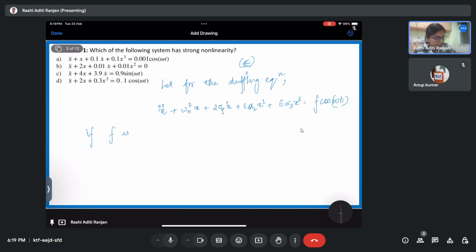So if f is comparable, now when I say comparable, I mean that if omega n square is 1, f could be 0.9, f could be 1.1, it could be 0.8, 1.3, something like that.